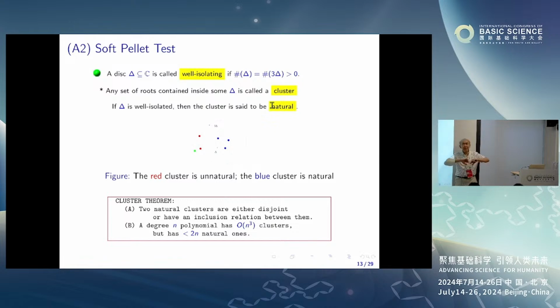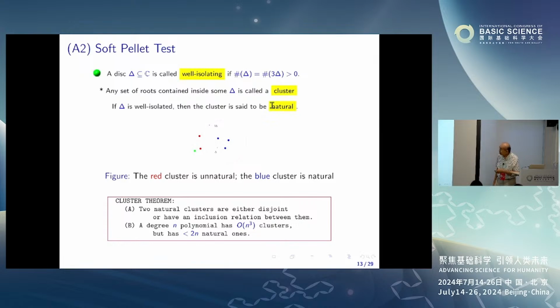Any two are either joint or contain each other, they cannot overlap just partially, and therefore any general cluster they can only form the cluster.